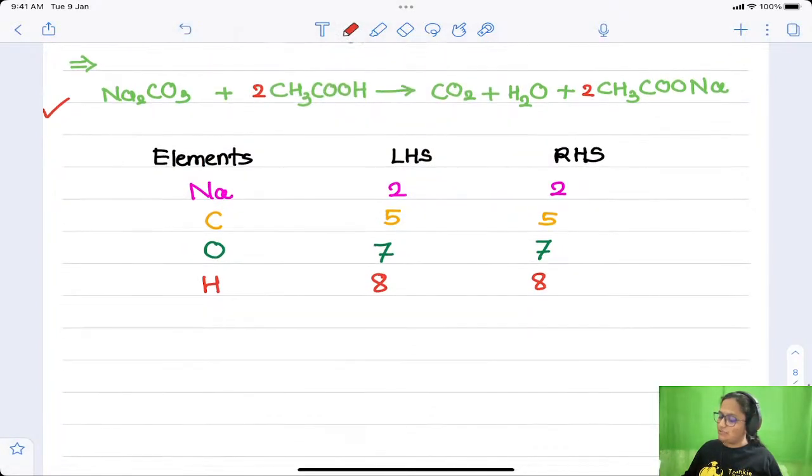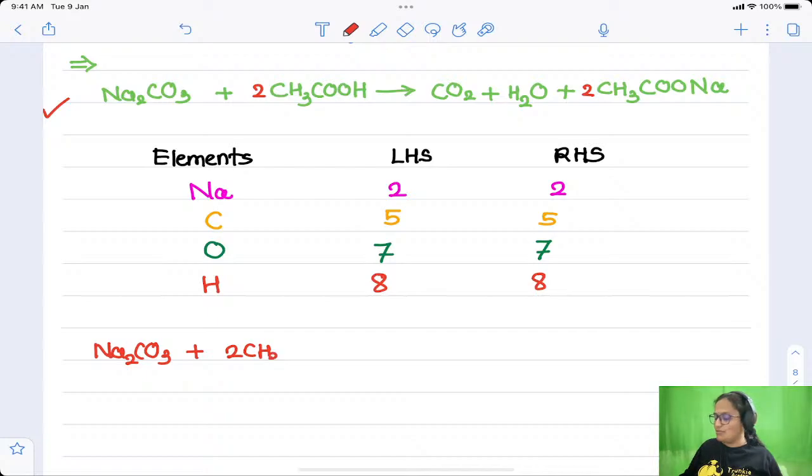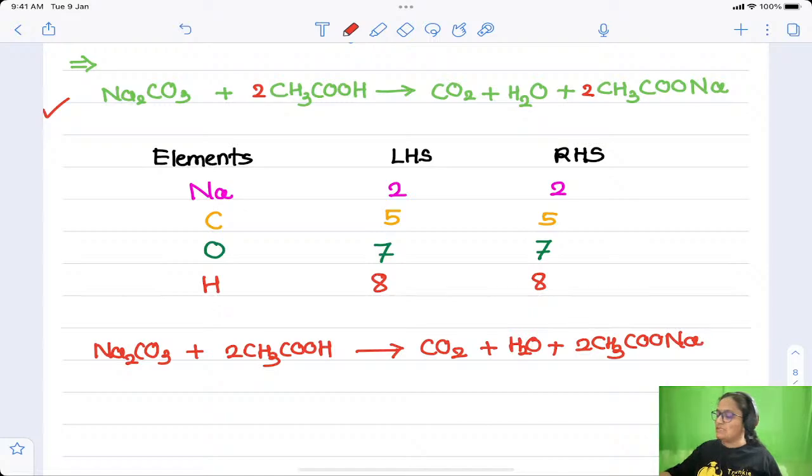Now I'll write down this equation again, to write down the weights. So Na2CO3 combines with 2CH3COOH to give CO2 plus H2O plus 2CH3COONa, right? Let me write down the names also.